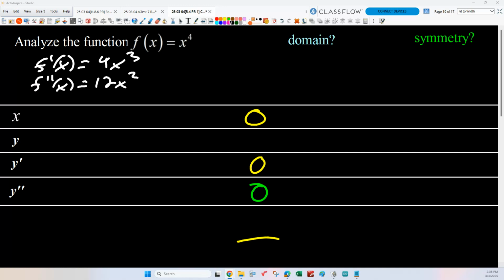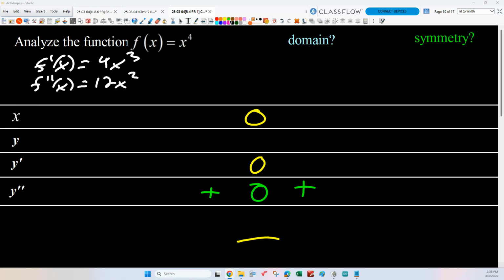But could I work on the second derivative row here? I could, right? Because the second derivative is an even function, it's always positive valued, or non-negative, it's never negative. Agreed? So I know this is going to be true.